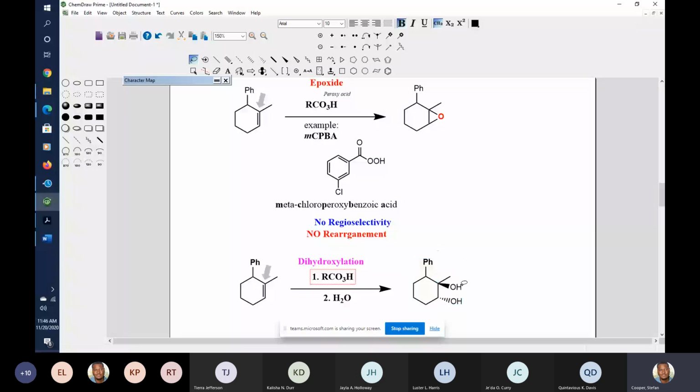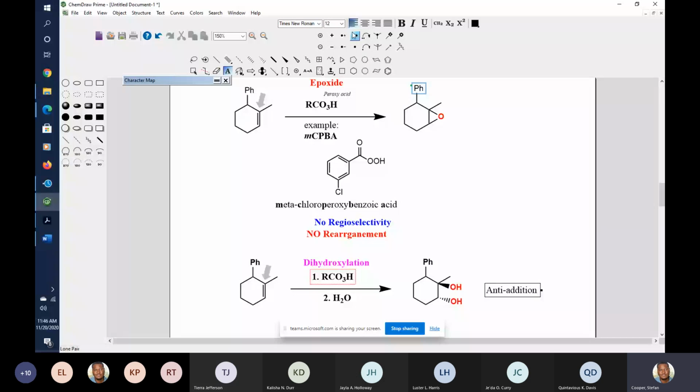What's unique about the relationship between these two things? They're up and down. Trans. Are they trans to each other? So that means that whenever I do a dihydroxylation from the epoxide and water, this is an anti-addition. That's right.